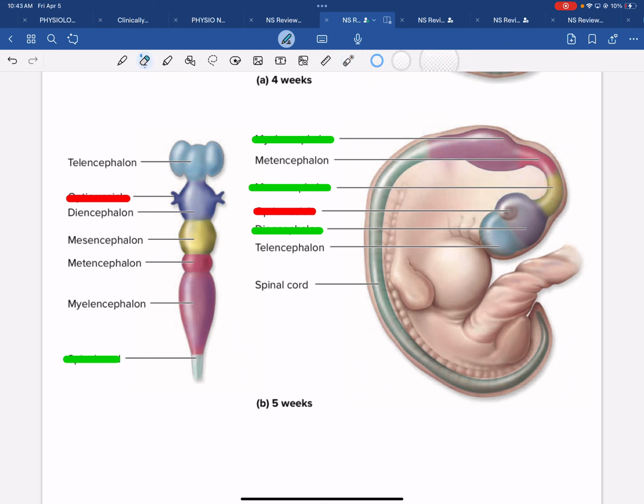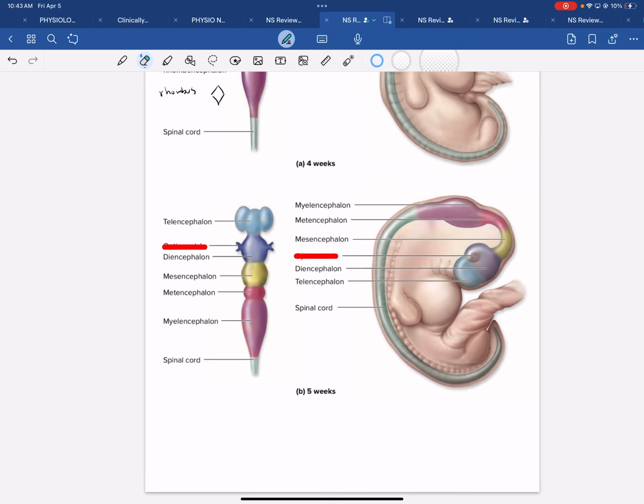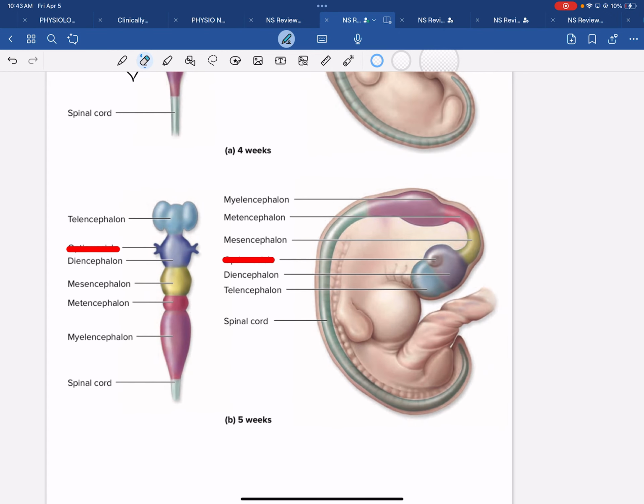The mesencephalon. Here, the diencephalon. And this, the myelencephalon, because it's closest to the spinal cord, which is mostly myelin. That's also spinal cord.